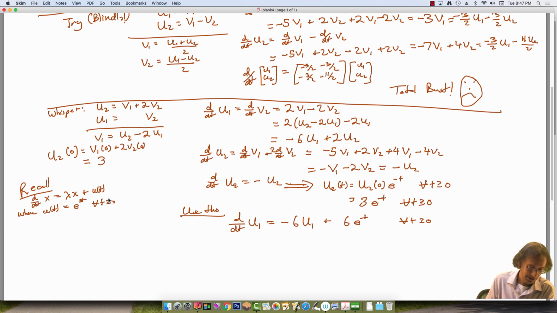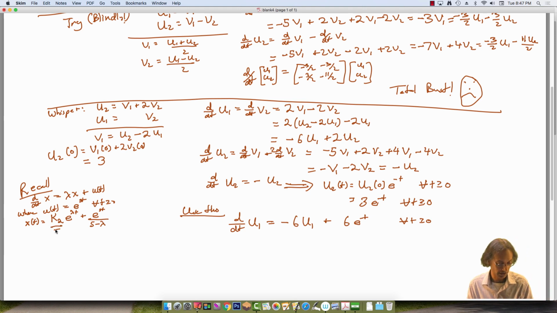The solution was some constant times e to the lambda t, plus e to the st divided by s minus lambda, where this constant, of course, is chosen to match the initial condition, whatever it is.